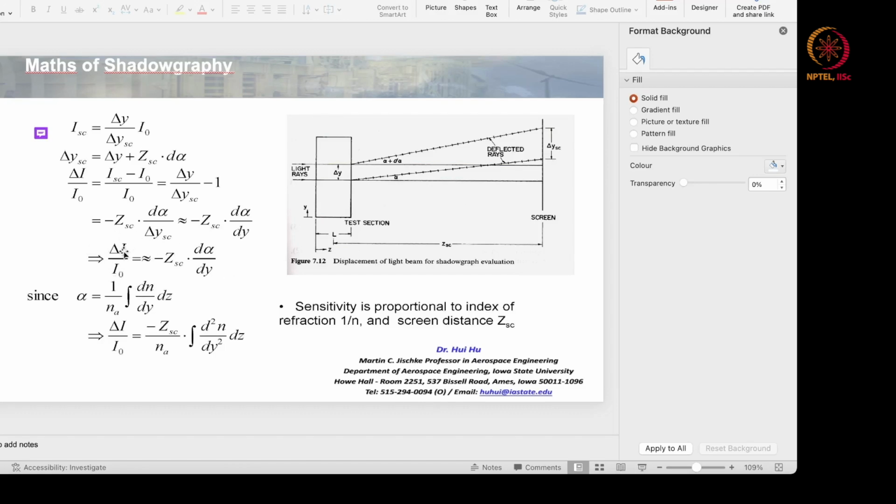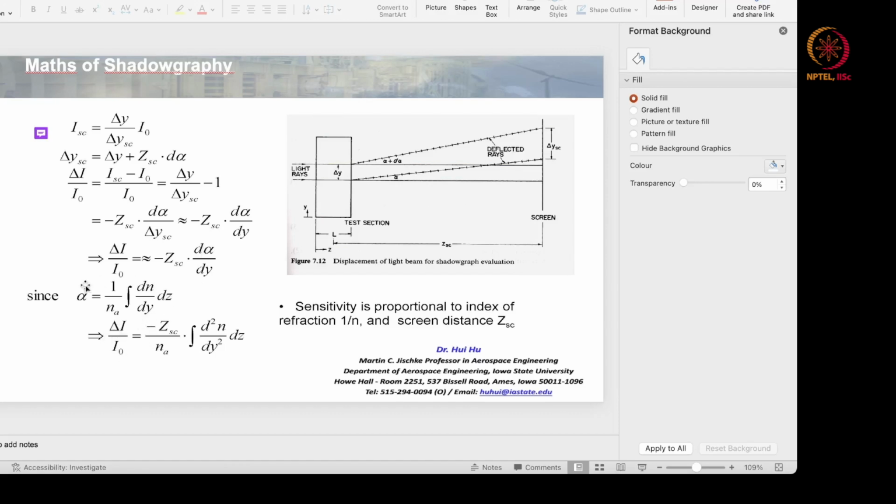This is the expression: delta I by I naught is almost equal to minus ZSC d alpha by dy. Now, we already know alpha, the deflection, which is also epsilon. Alpha is 1 over n into dn by dy, integrated over z. Remember, this is d alpha by dy now. So alpha is itself the first derivative of n, dn by dy, and this illumination change is the first derivative of alpha.